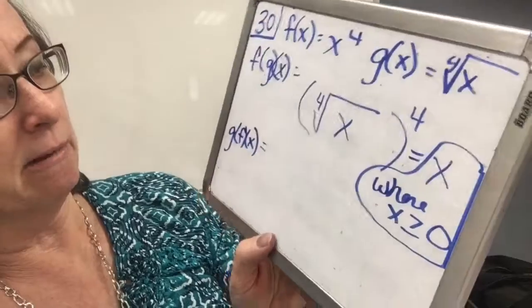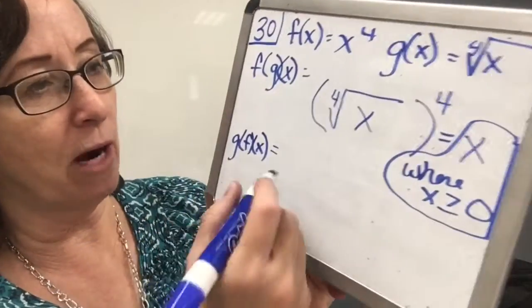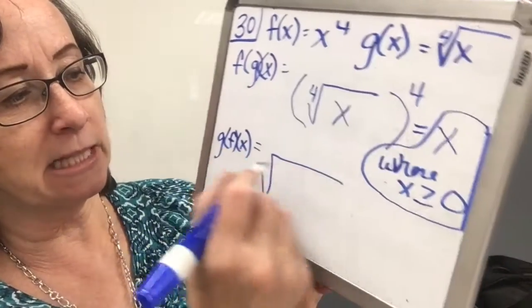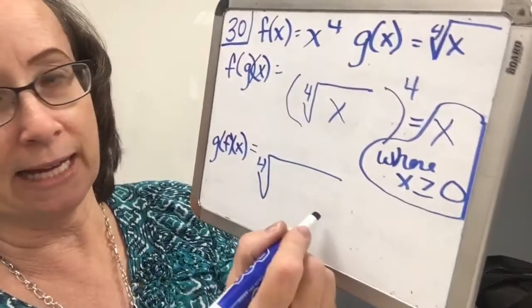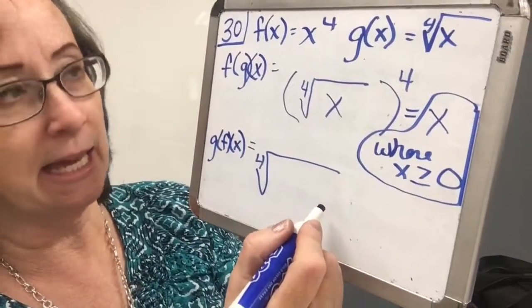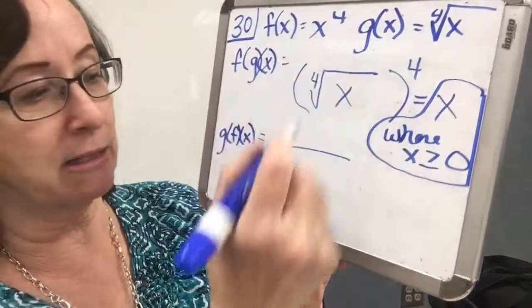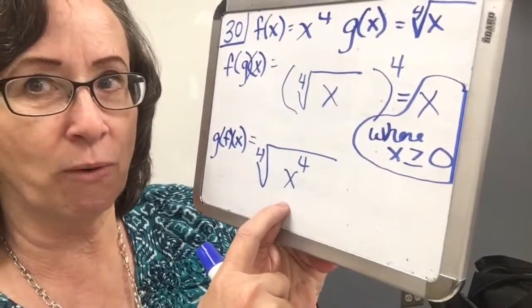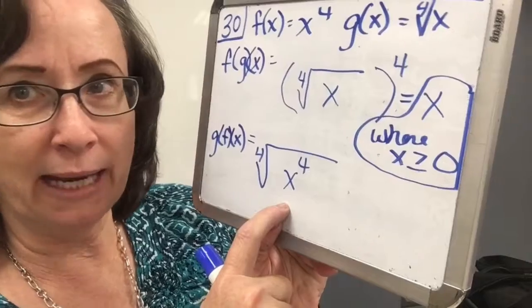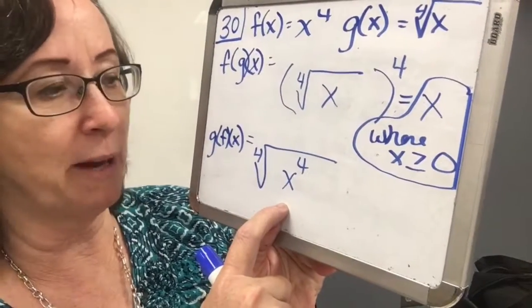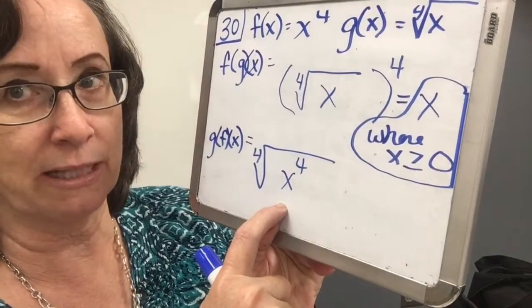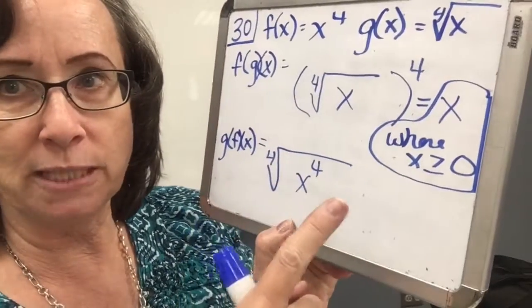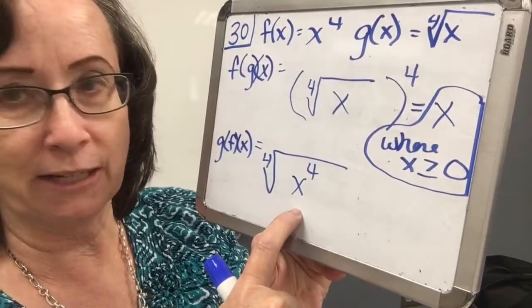Okay, so now let's look at it the other way. So now our base function is going to be the fourth root of x, but we're going to take out the x, and in there we're going to put x to the fourth. Okay, now the x to the fourth is automatically going to be positive no matter what the original x is going to be, and then we would take the fourth root of that positive number.